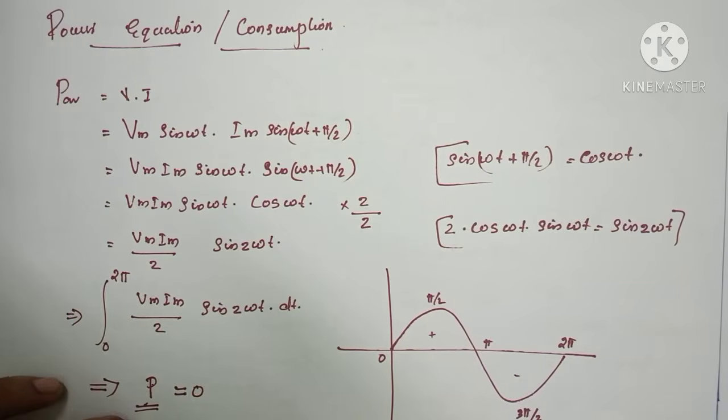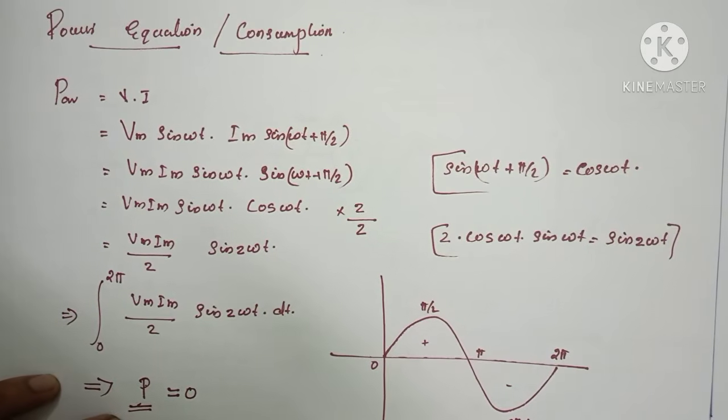The circuit will consume electrical power only if the circuit consists of any elements having the property of resistance. So the resistance can consume electrical power, so that the product of voltage and current will be maximum in the resistive circuit, and the power will be 0 in a pure inductor and a pure capacitor.